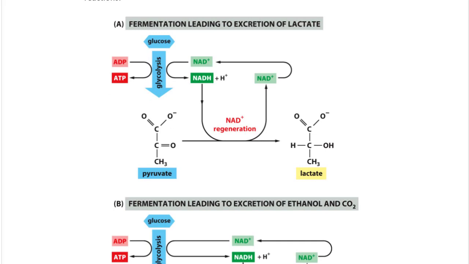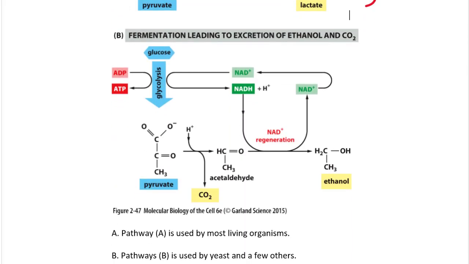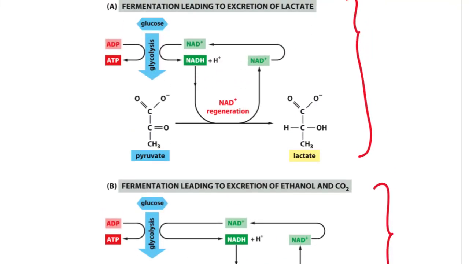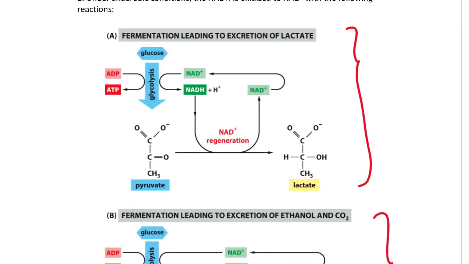The first one, A, produces lactate or lactic acid. This is the one we see in all animals. And the second one is seen in yeast, which is the making of ethanol and CO2. So let's look at the first one. What is happening here?